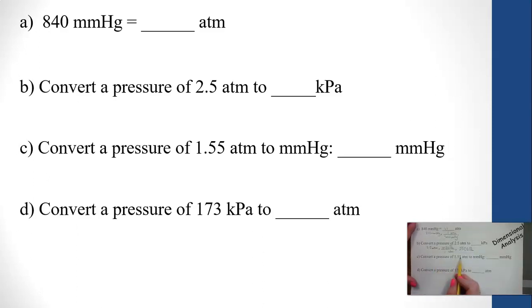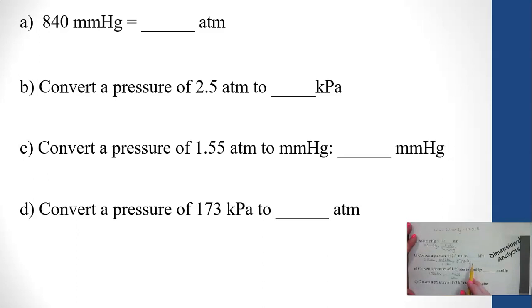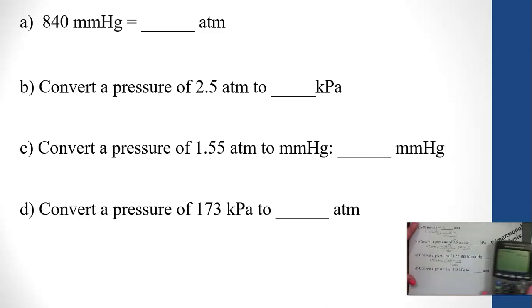Convert a pressure of 1.55 atmospheres to millimeters of mercury. So my given 1.55 atmospheres. Disco down the unit. And I want millimeters of mercury. So I go back to my conversion factors up here. 1 atmosphere, 760 millimeters of mercury.